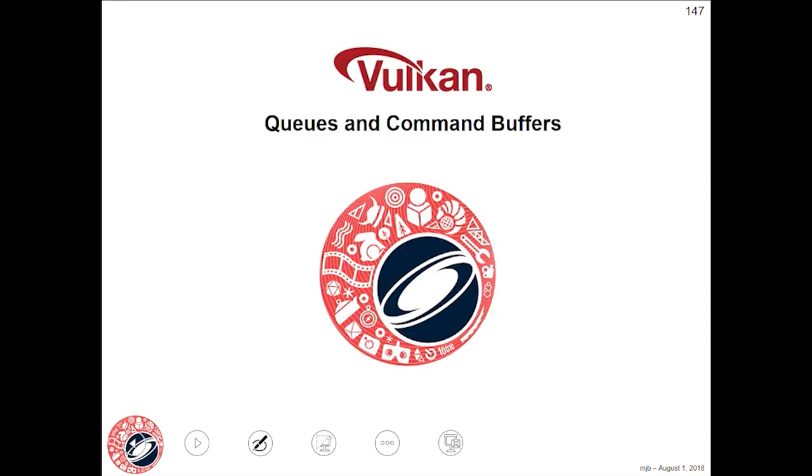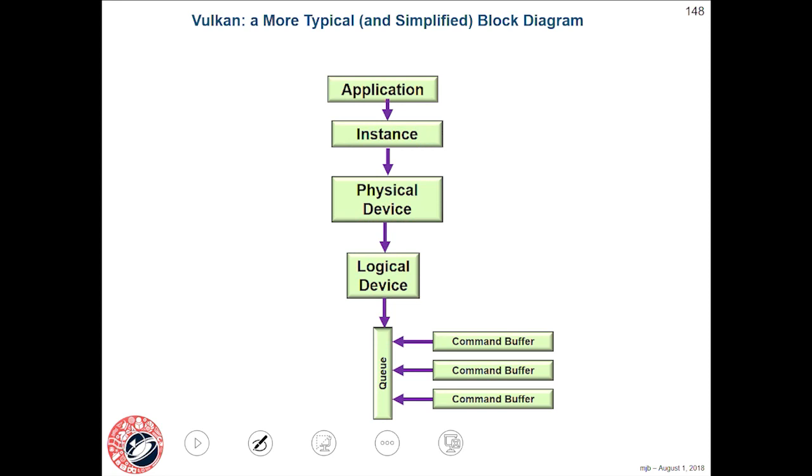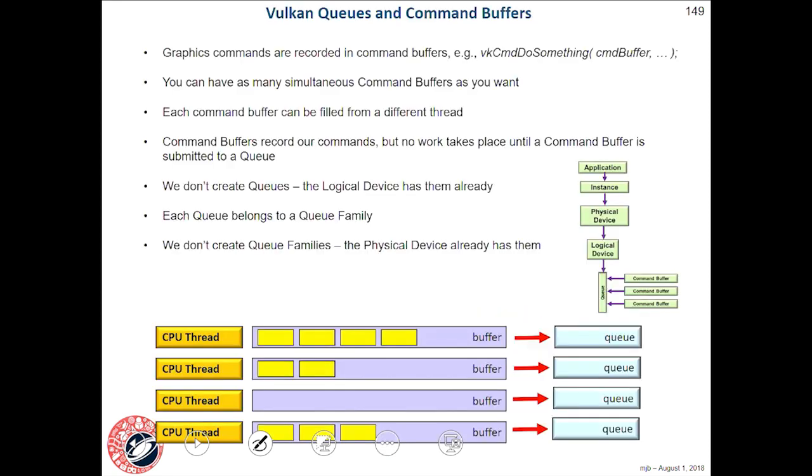Now, we've been talking about commands, functions that begin with VK CMD. Let's talk about that, because exactly what is that? Well, those are commands that go down into the graphics pipeline. See? So those are pretty important. Now, we talked about command buffers before, and we have command queues. You fill up the command buffer.